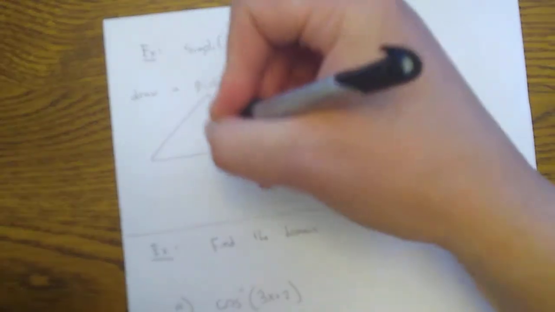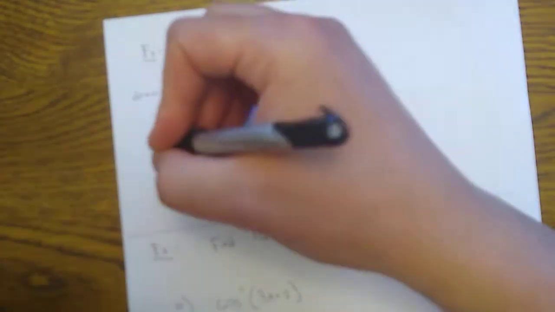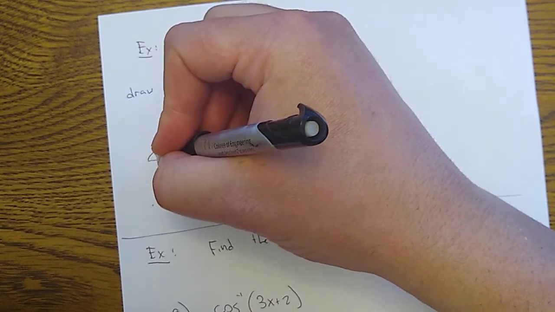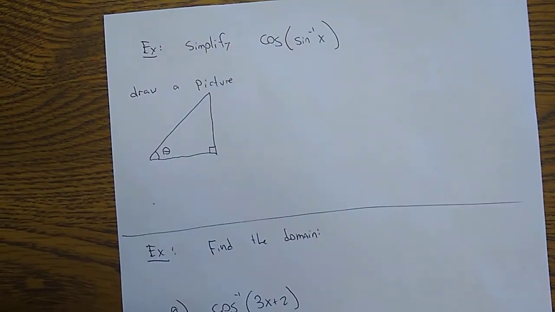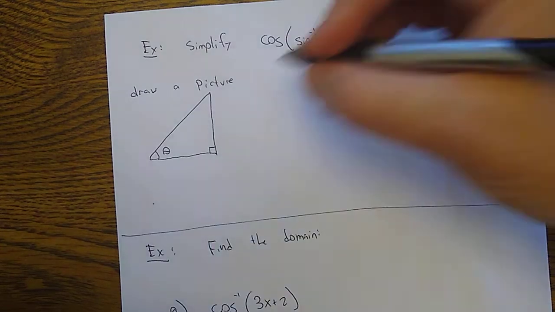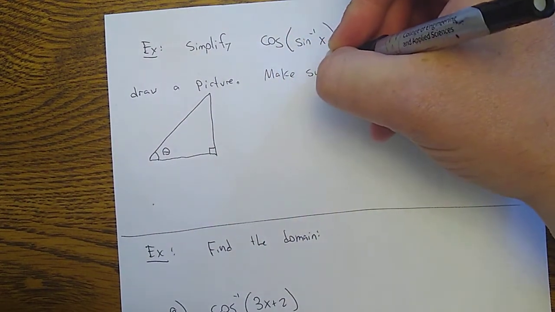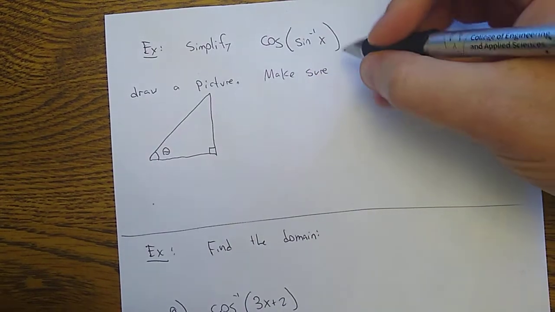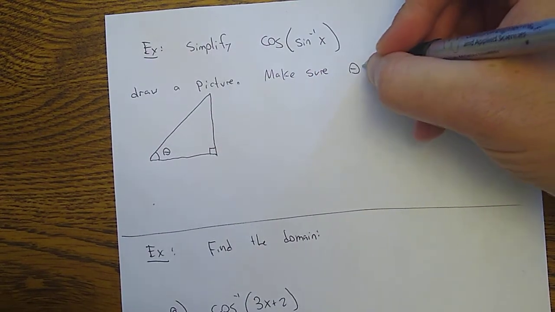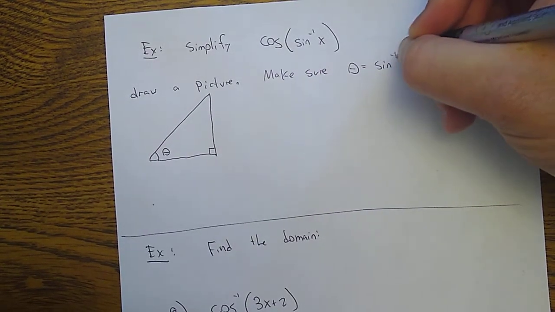I'm going to draw a triangle that has an angle that I'm going to call theta. And I'm going to make sure that theta is the arc sine of x.